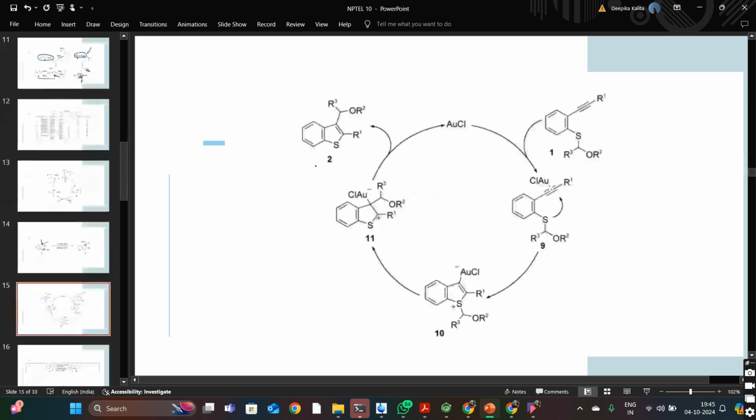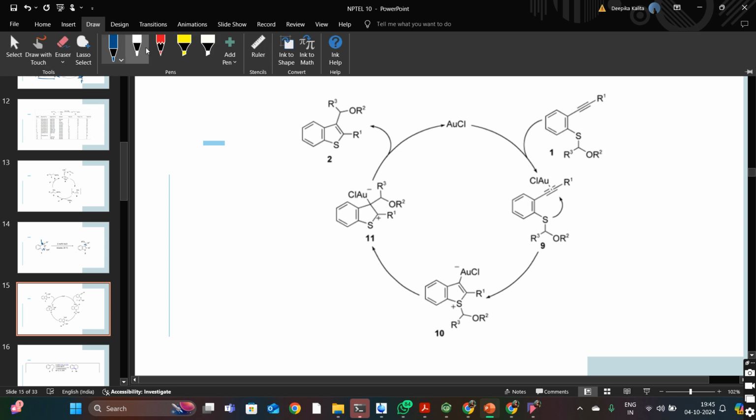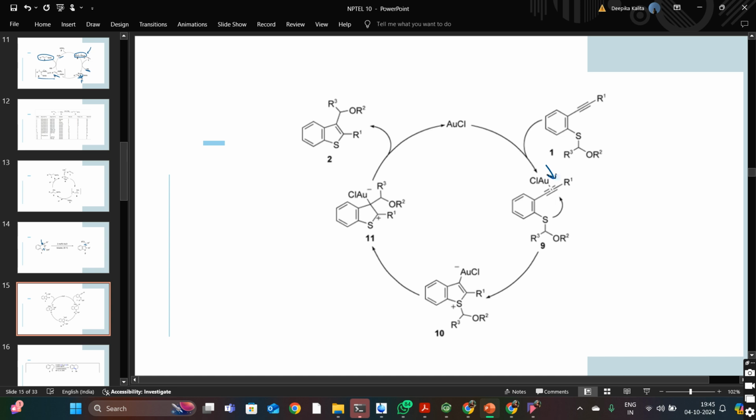See, at first the alkyne which is present in the substrate is going to get activated to give you this intermediate.